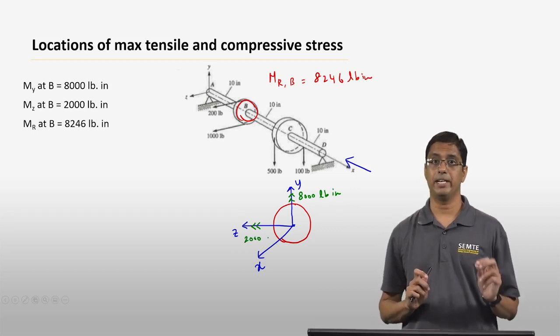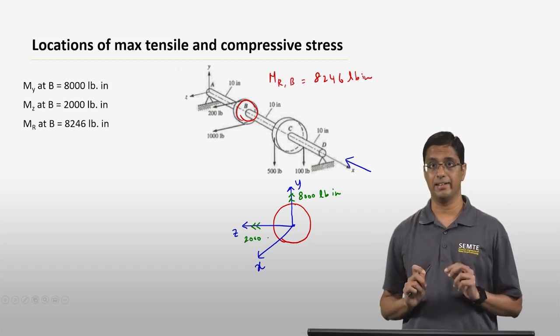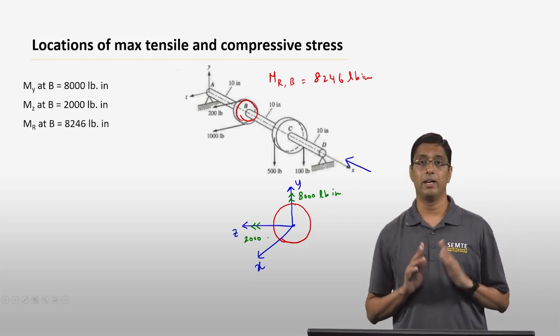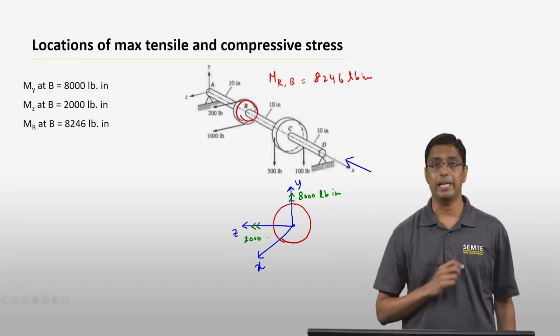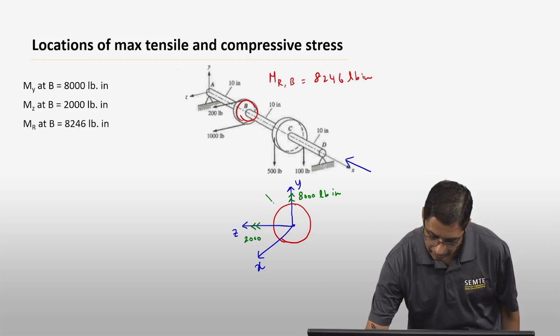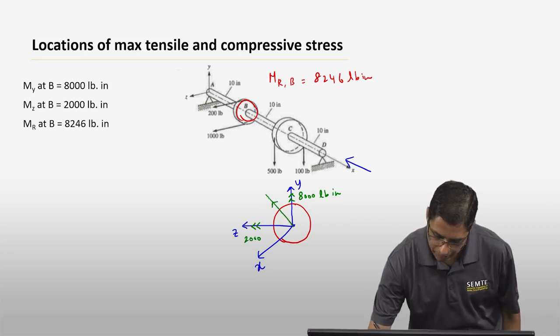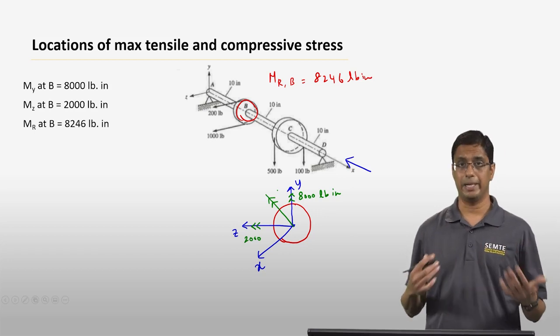Okay, we made sure that we had the bending moment diagrams with the right sign in the last lecture, and that is critical here. So that is your my and mz, and your MR is going to be along a direction that is closer to my because it is the higher bending moment.